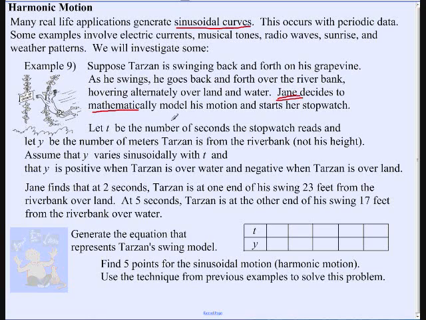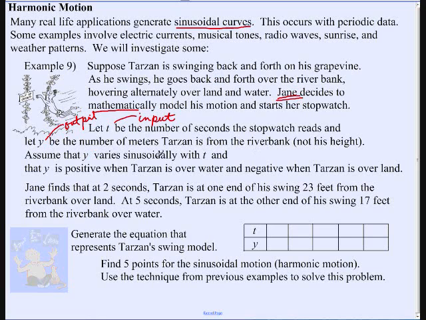Isn't that nice? Let t be the number of seconds the stopwatch reads. This is going to be our input, isn't it? This is our input variable. And y, that's our output. The number of meters Tarzan is from the riverbank.